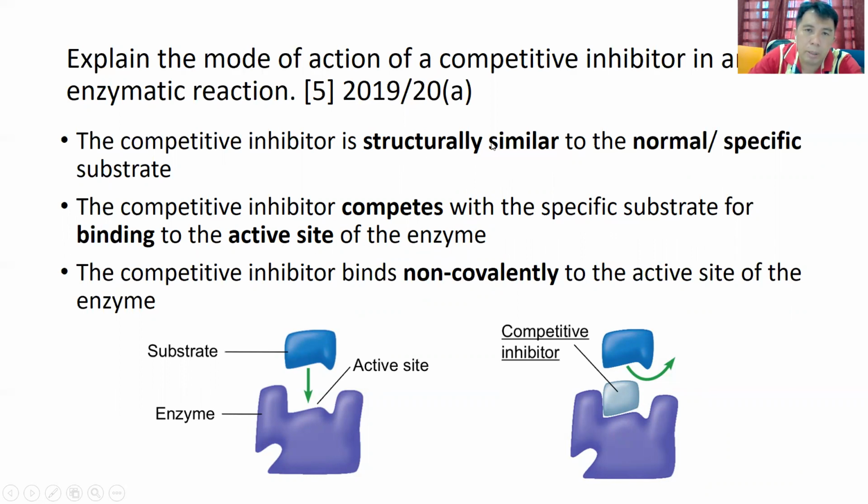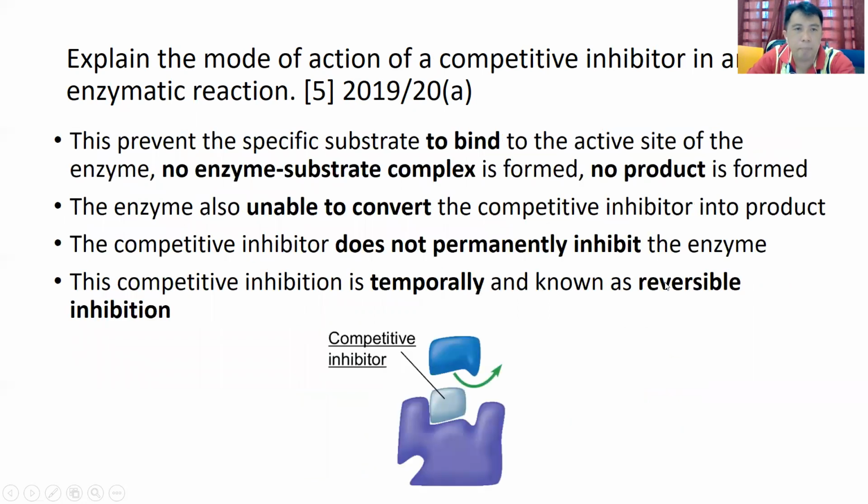So everything that I highlight here is important. It binds non-covalently to the active site of the enzyme, so it is temporary. So I can add that it binds temporarily and non-covalently to the active site of the enzyme. Then this prevents the specific substrate from binding to the active site of the enzyme.